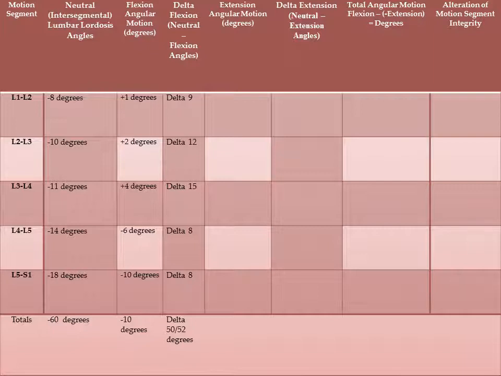And if we add all those delta F figures, you'll notice that it comes to 50 degrees, and that exactly coincides with the change in the global lumbar lordosis angle from minus 60 degrees to minus 10 degrees. So we're on the right track, and all of our numbers are coinciding and are substantiating our findings.